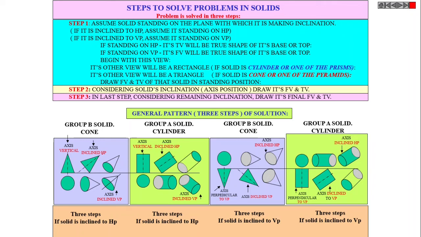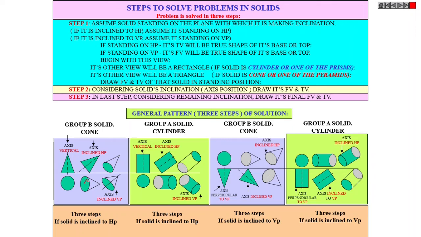And when the axis is inclined to HP, or when we tilt this front view in such a way that its axis is inclined to HP, and that cone is resting on HP on one point on the base circle, then we can see that the solid is like this.